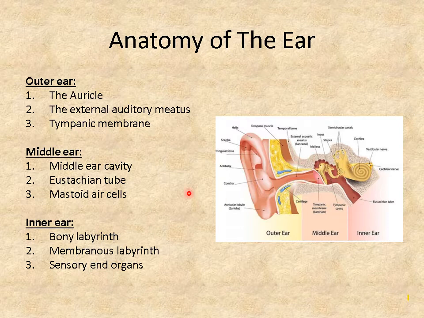All three together, we call them the middle ear cleft. The inner ear is composed of the bony labyrinth. If we open or break this bony labyrinth, inside we'll find the membranous labyrinth and the sensory end organs.